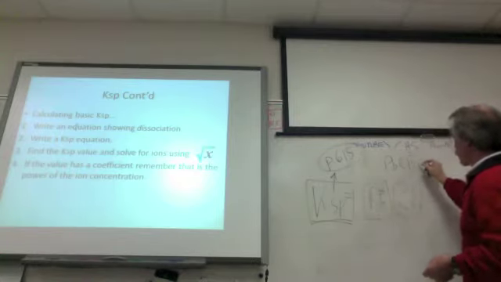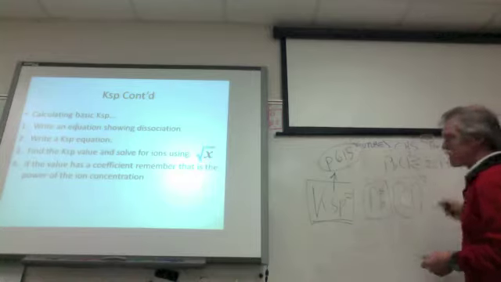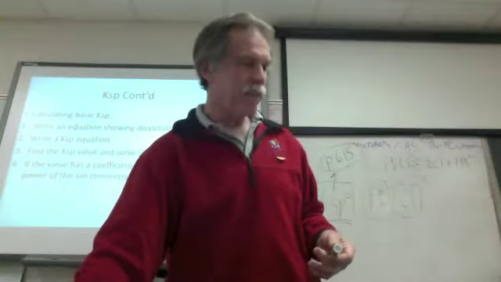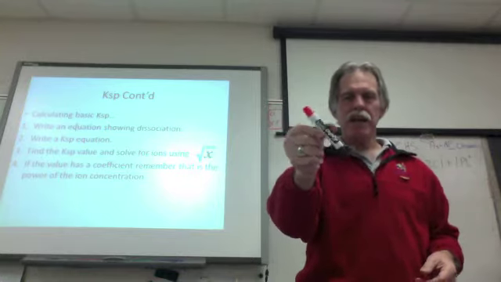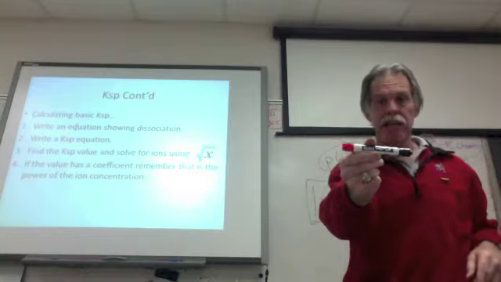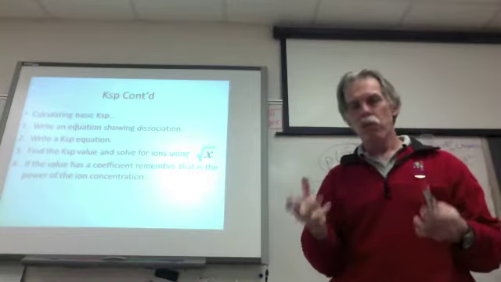Now what's different here is when this breaks up, we've got 2 Cl minuses and 1 Pb2 plus. So it's not the pin and cap, it's actually the pin and 2 caps. So when we have 1 Pb, how many Cl's are there? 1, 2. 2 caps.